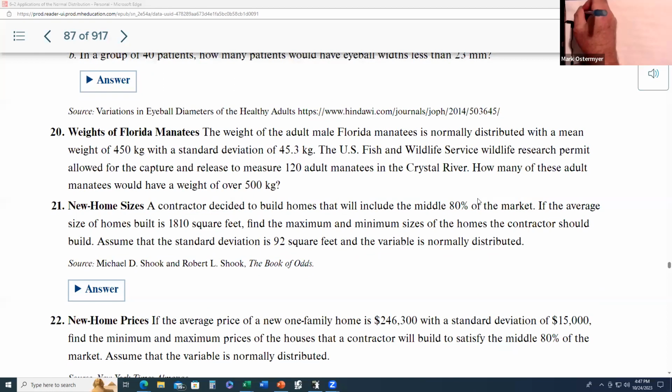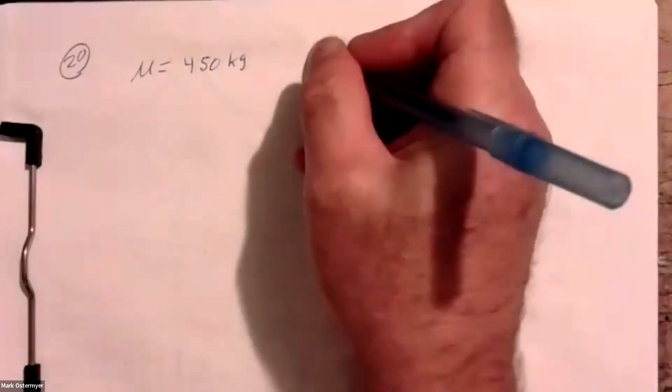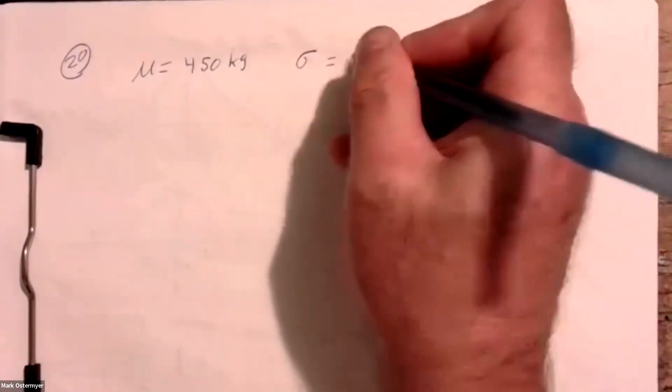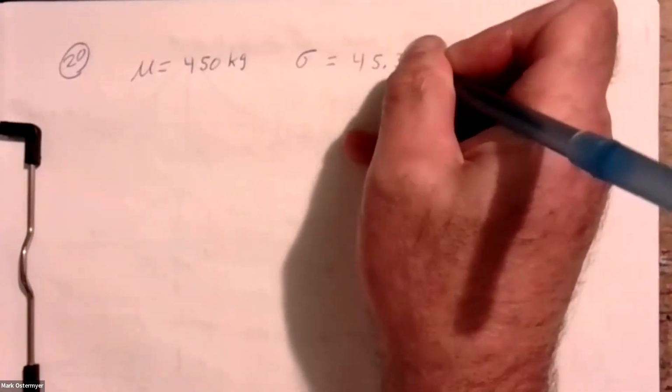So for problem number 20, they indicate that we have a normal distribution with these weights with a mean weight of 450 kilograms and a standard deviation weight of 45.3 kilograms.